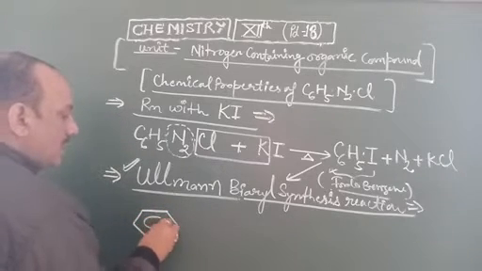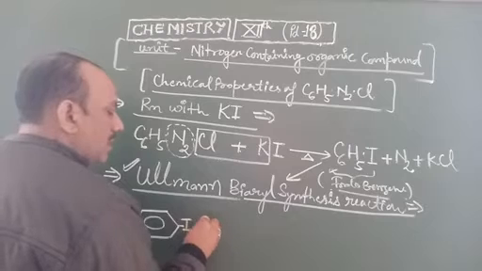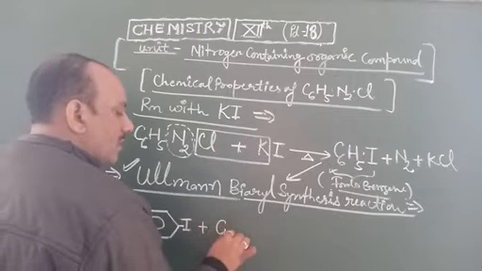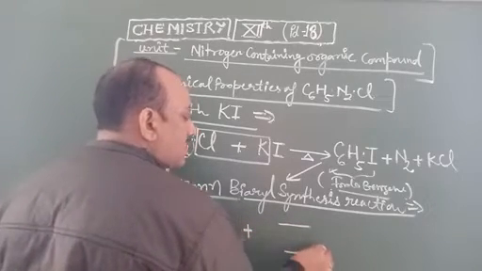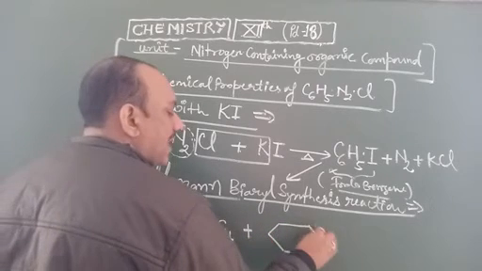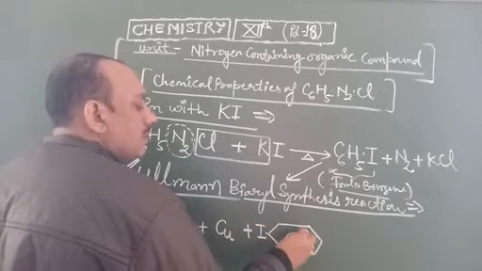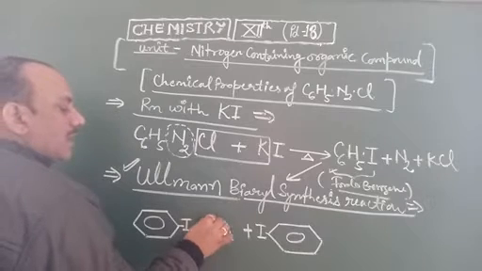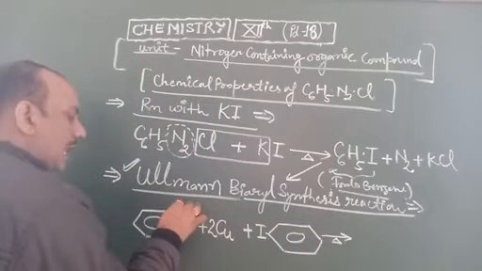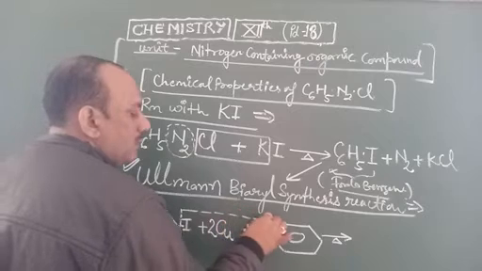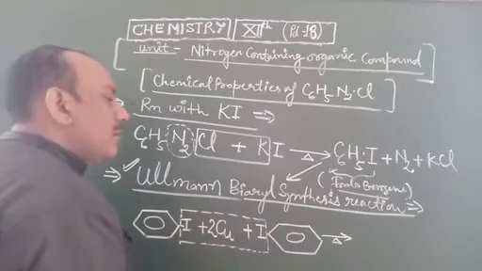C6H5I is the formula of iodobenzene, plus copper metal Cu, and another structure for the second molecule of iodobenzene, I. So here copper metal subtracts the iodines to form CuI and gives biphenyl.